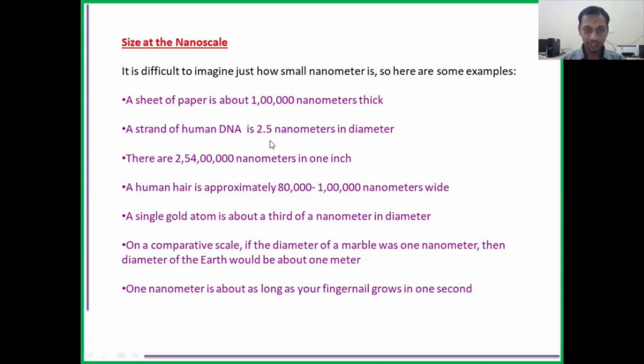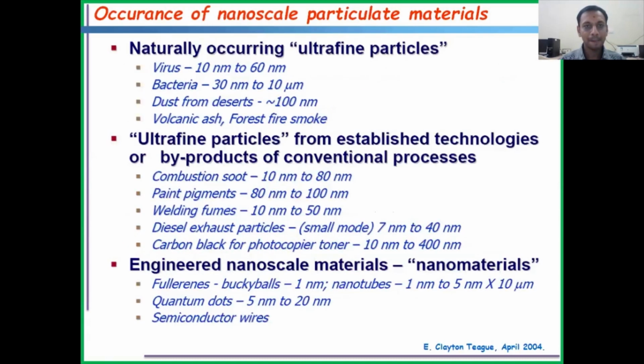Human DNA, as I mentioned in the previous slide also, is 2.5 nanometer in diameter. But you can see here, 1 nanometer is about as long as your fingernail grows in 1 second. So this is a very good example. We can get at least the idea of how small a nanometer is. There are different examples also.